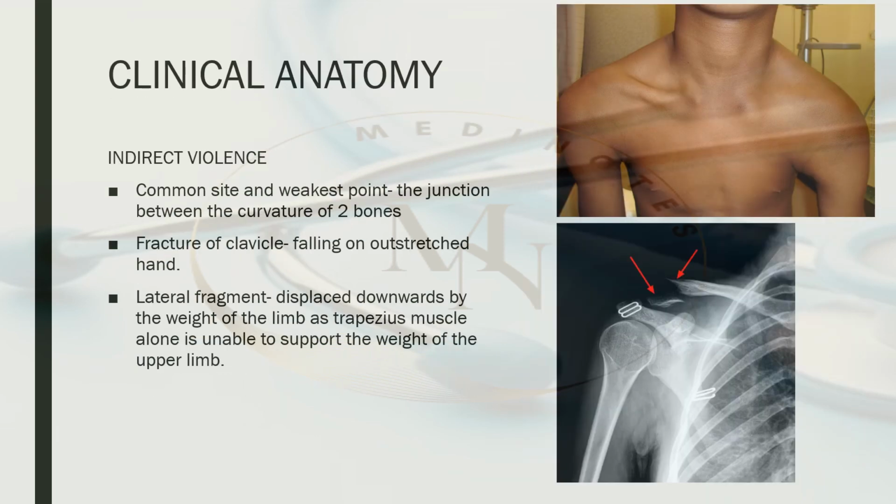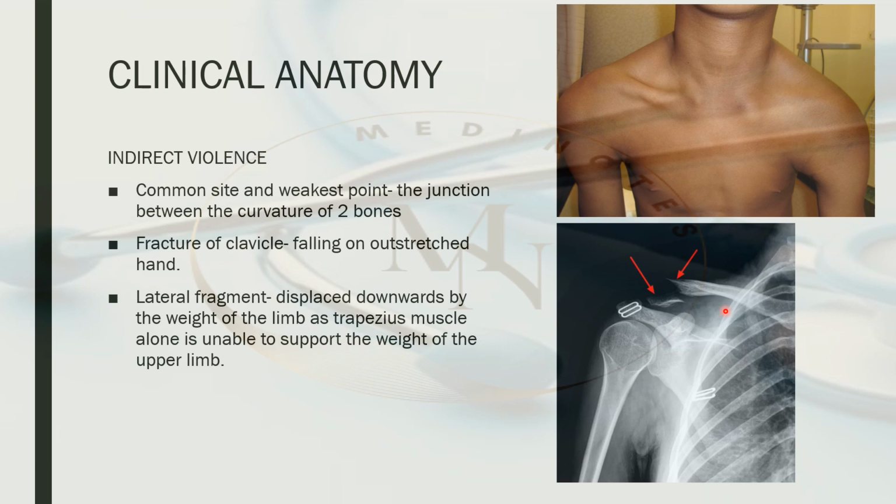Now what is the clinical anatomy? One is indirect violence. If you see over here, this boy's clavicle has been in a different place in this formation. When the x-ray was taken, you could see that there was a breakage.